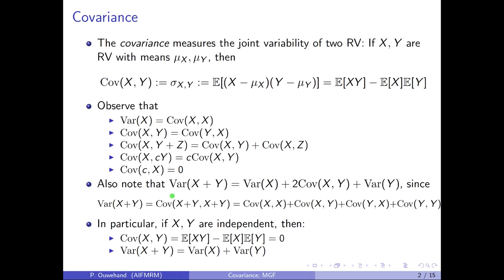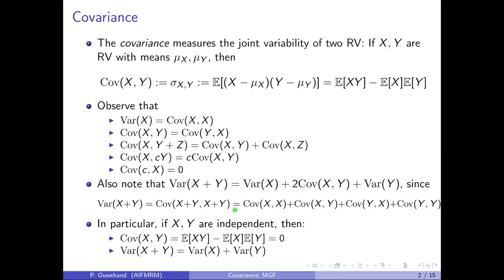Note in particular that the variance of a sum x plus y can be decomposed as the sum of the variance of x, twice the covariance of x with y, and the variance of y. This is because the variance of x plus y is just the covariance of x plus y with itself. That follows from this property here.